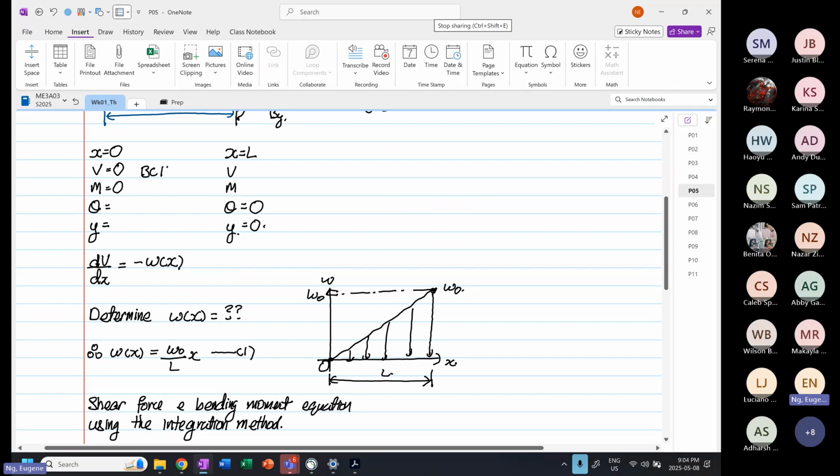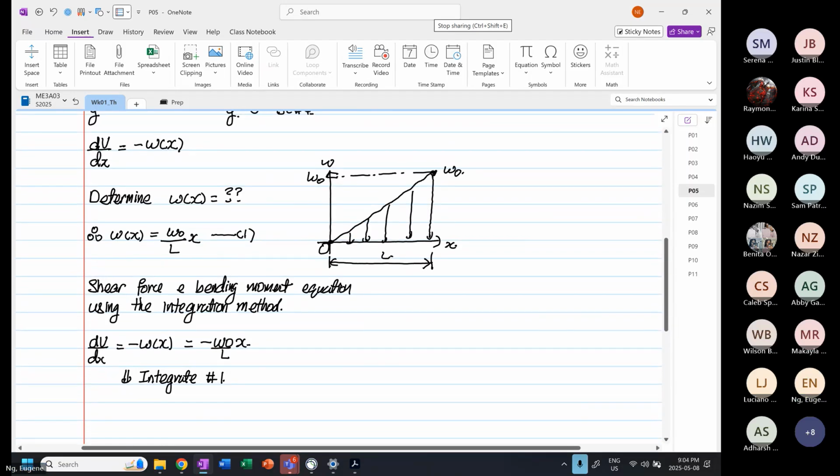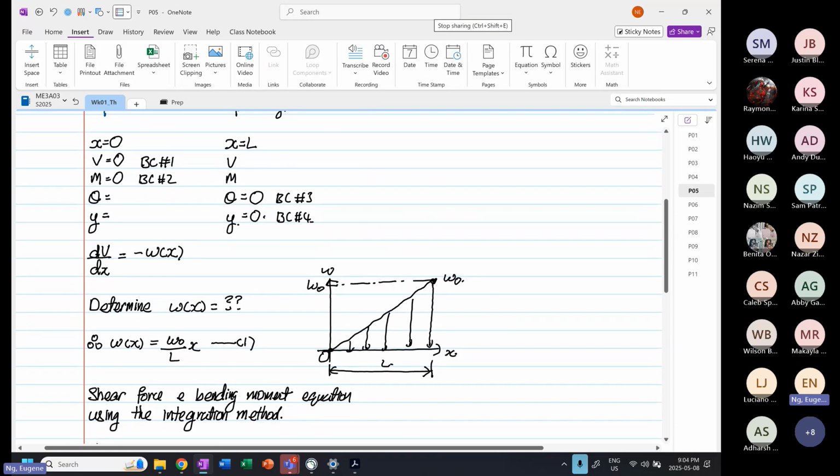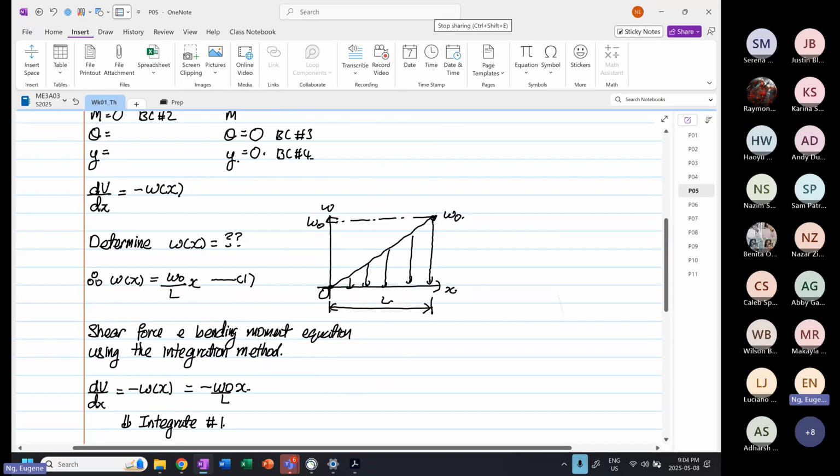We have boundary condition number 1, boundary condition number 2, boundary condition number 3, boundary condition number 4. I just label them, so we can only use each boundary condition once in any situation. So we won't get mixed up or lost.